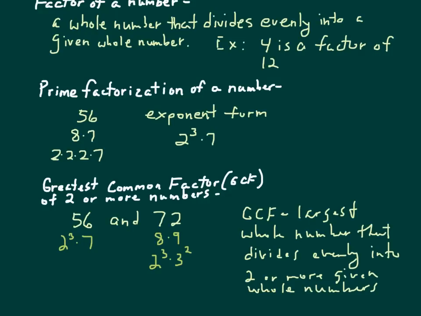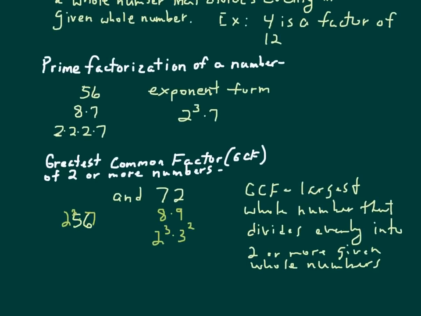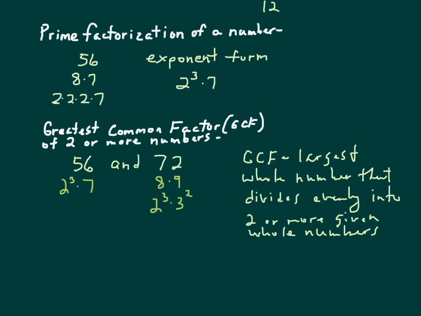So then what I'm going to do is stack these two numbers. I'm going to say 56 equals 2 cubed times 7, and 72 is equal to 2 cubed times 3 squared.